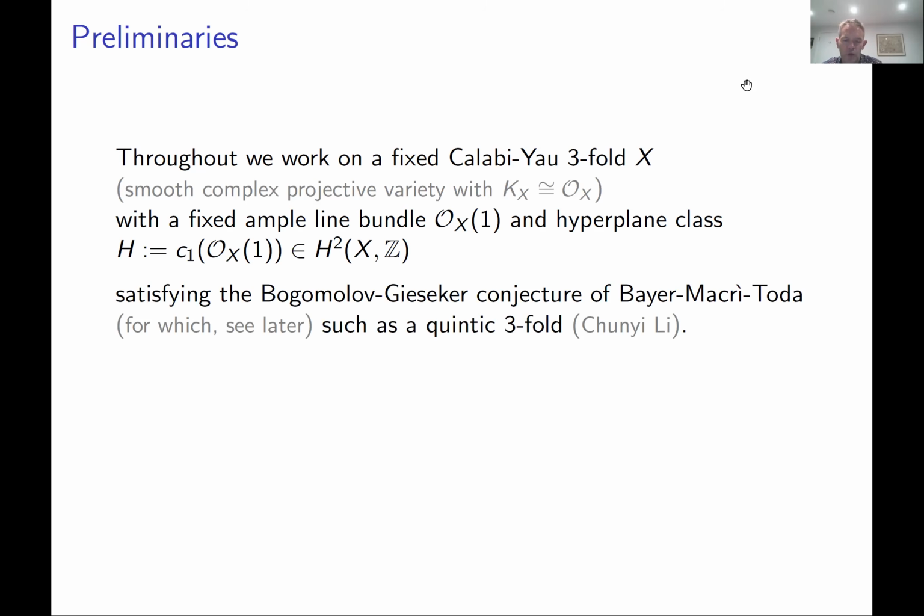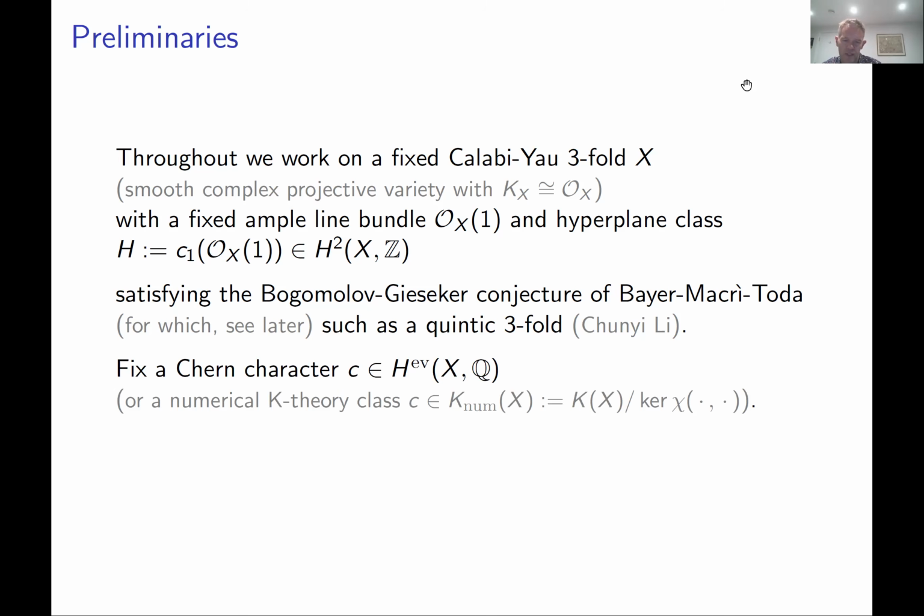And then an important technical condition, mainly from the mathematicians, so something that's currently conjectural but expected to be proved rather soon, is that my Calabi-Yau threefold should satisfy something called the Bogomolov-Giesecke conjecture. And I will explain that at some relevant point. And that's been proved in enough generality for us for our results on the quintic threefold.